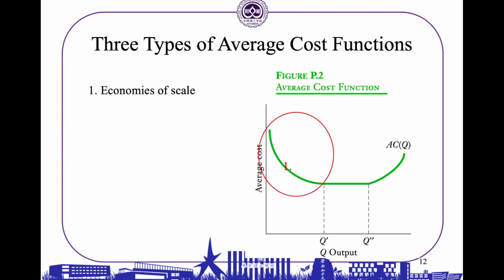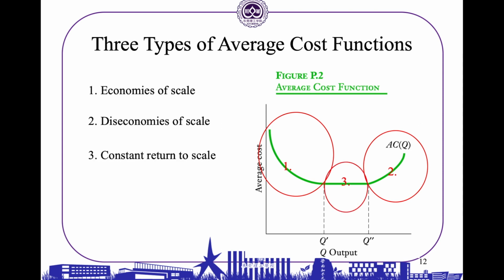There are three shapes of average cost function. When average cost decreases as output increases, there are economies of scale. The average cost function is downward sloping. When average cost increases as output increases, there are diseconomies of scale.